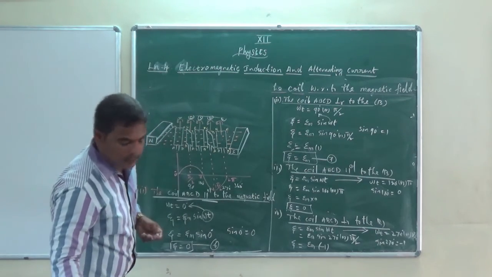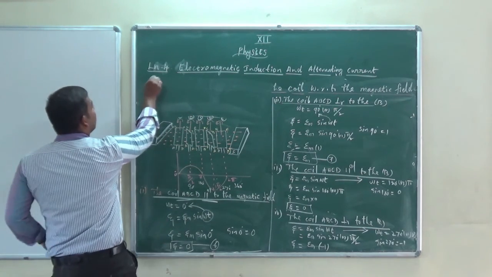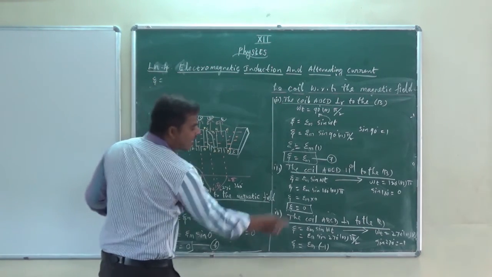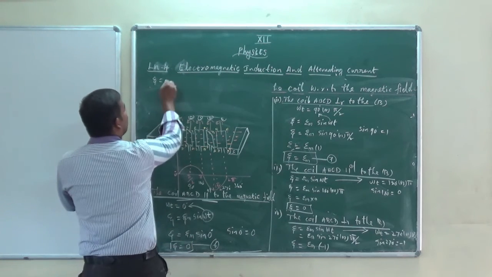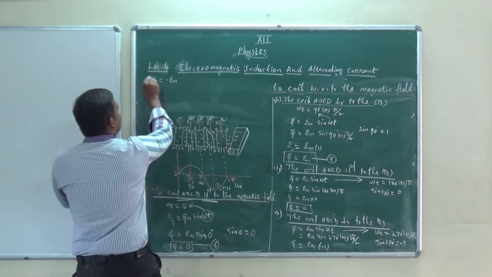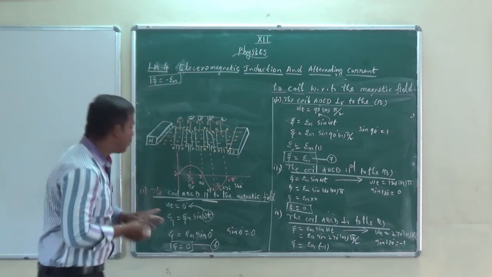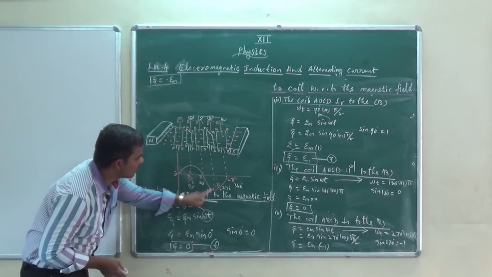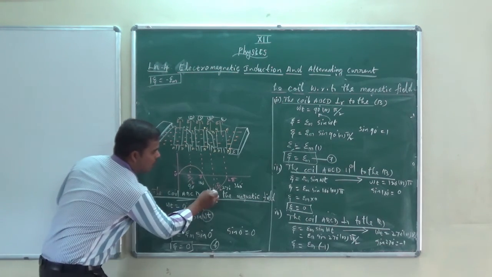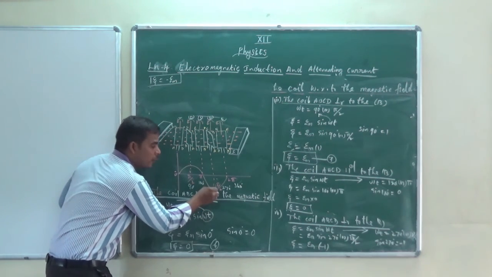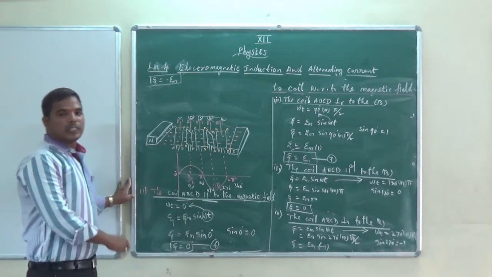So what is the final equation we will get? Induced EMF equals maximum induced EMF into -1. So the induced EMF is produced in the opposite direction. This is 270, the maximum point.